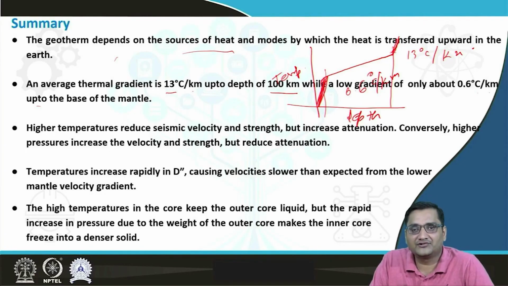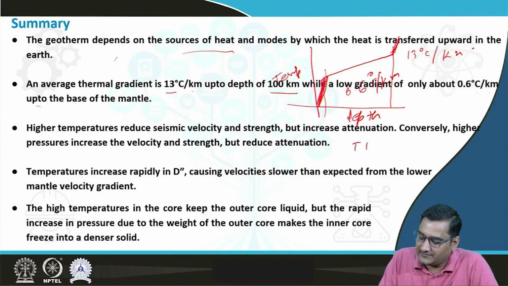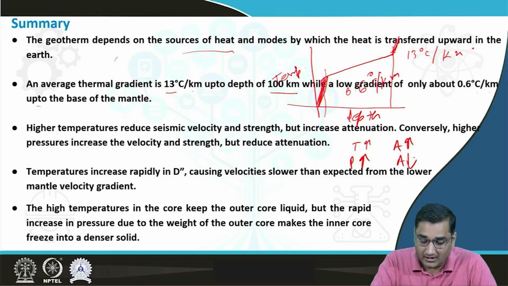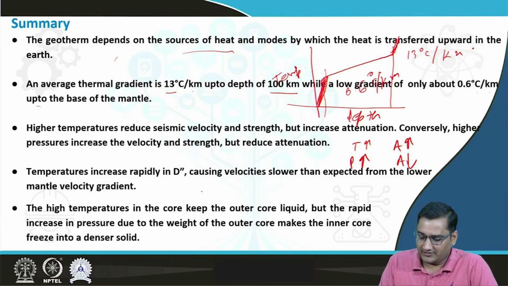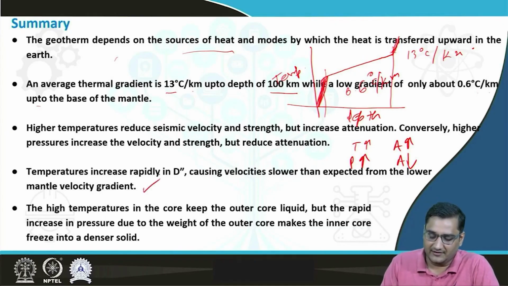Conversely, higher pressure increases the velocity and strength but reduces attenuation. So as you increase the temperature, attenuation will also increase, but if you increase the pressure, then attenuation will decrease. Temperature increases rapidly at D double prime layer, causing velocities slower than expected from the lower mantle velocity gradient.